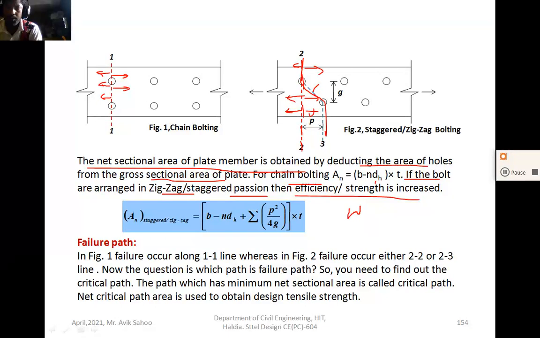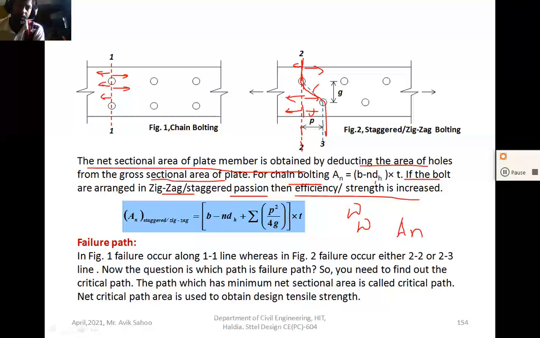Which one do we consider to calculate the net area? The answer is the path which gives the minimum area. That is the critical path, and along the critical path the net area has to be calculated, and this net area is used to find the tensile capacity of the plate.